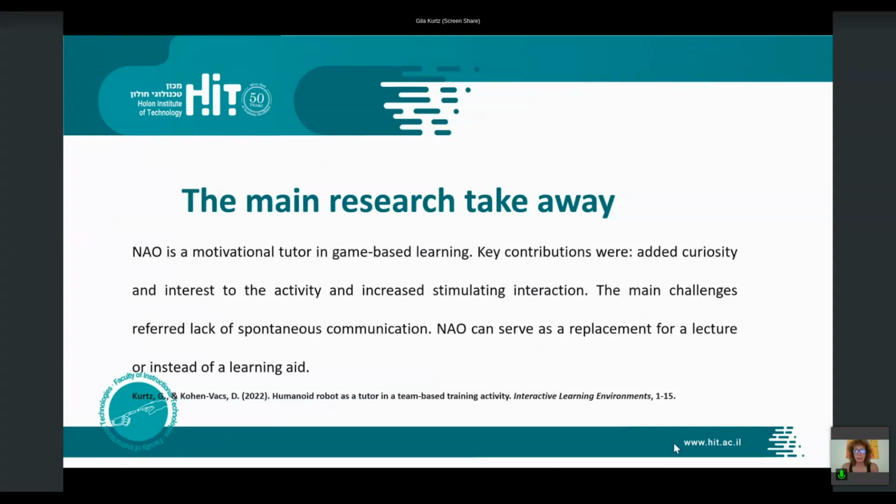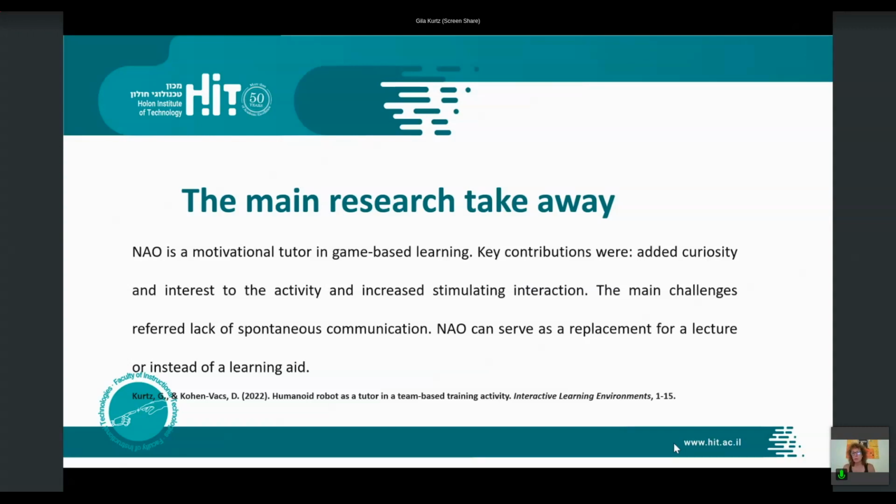It needs to add. We had one main challenge that will appear in all the projects, and I think that with the final project, we just started to get over it: the spontaneous communication. You cannot talk with the robot with day-to-day talk. You have to talk clearly and within a frame of language.